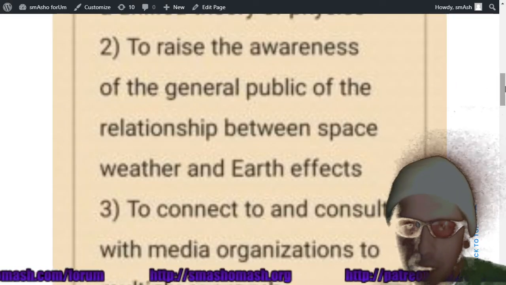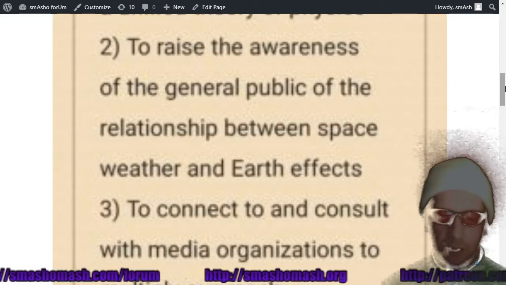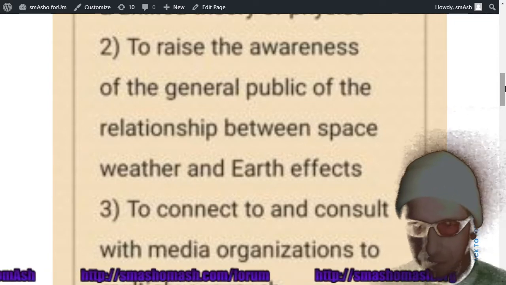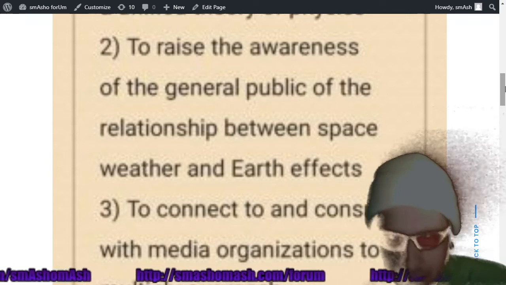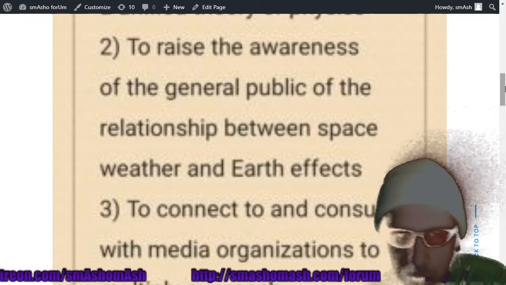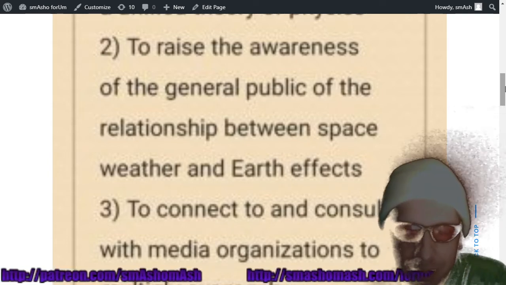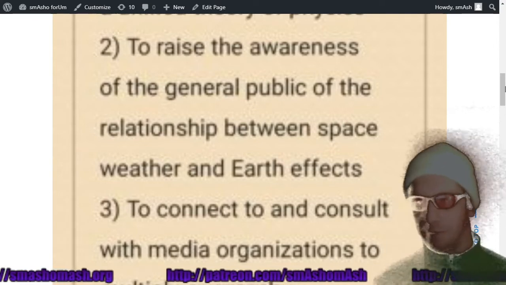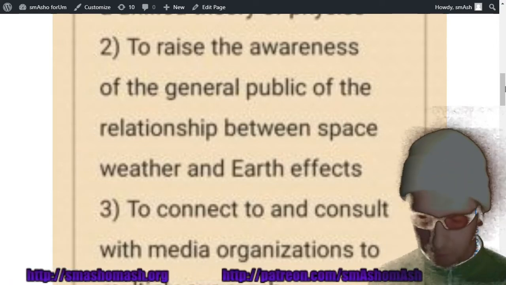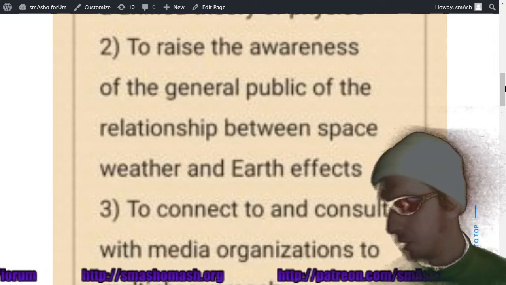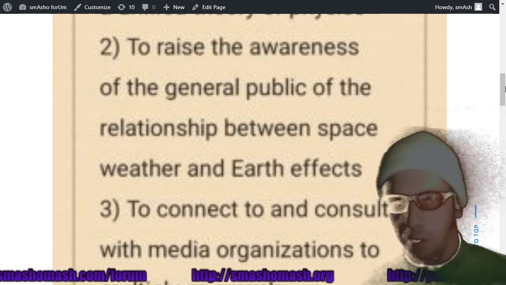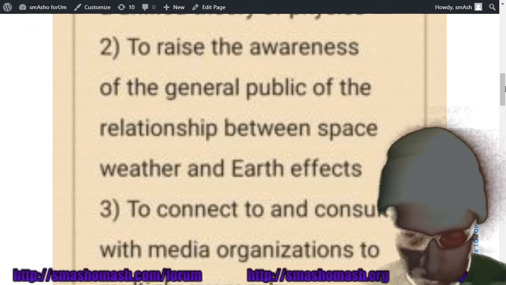And let's talk about part of the smAsho mission, and you can read all about it if you head to smashomash.com/forum/mission. In any case, number 2 on the mission is to raise the awareness of the general public of the relationship between space weather and Earth effects. So people may be amazed, or they may be too arrogant to understand that mankind doesn't control the weather or have the ability to control the weather.